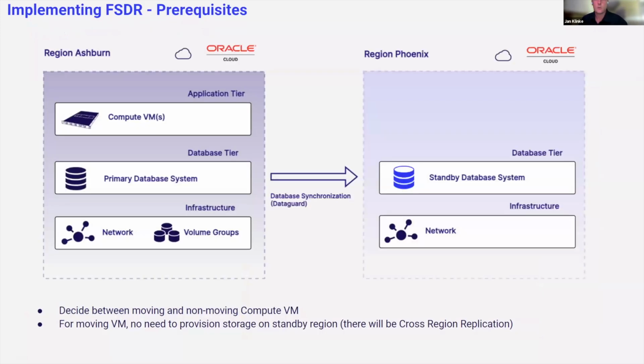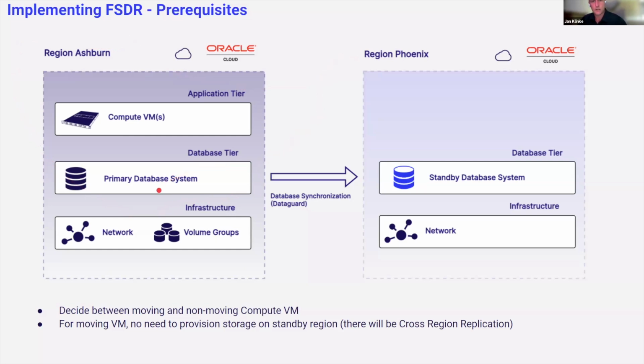Right, so we come to the FSDR implementation itself. What I wanted to convey here is that before you even start thinking about FSDR, you already have to do your homework. So for example, implementing FSDR for your existing application and database tier would mean that you need to already set up some resources in the standby region prior to setting up FSDR.